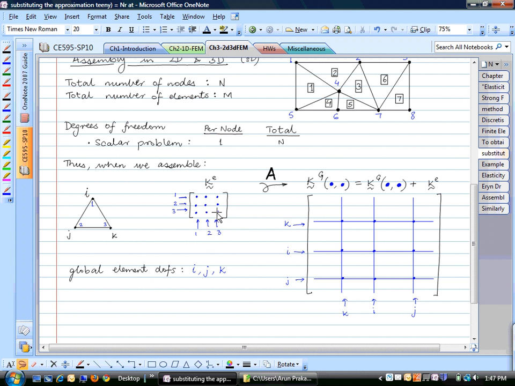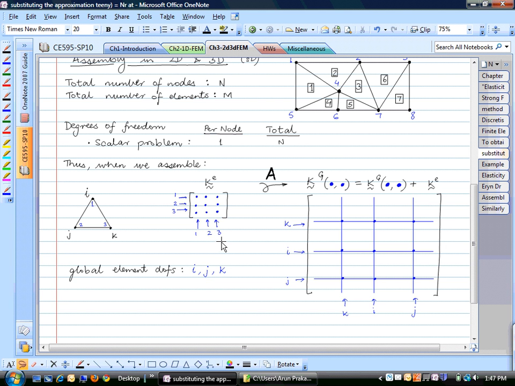And you need to assemble this local stiffness matrix into a global stiffness matrix. But unlike the one-dimensional case, this local degree of freedom 1 corresponds to the global degree of freedom I, and in the same way, global degree of freedom I here. The local degree of freedom 2 corresponds to J, this row and this column.